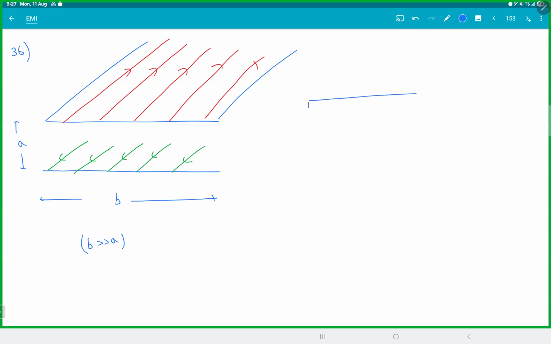The side view will look like this. Find the self-inductance per unit length.